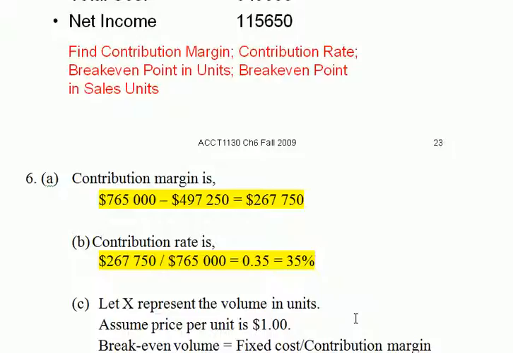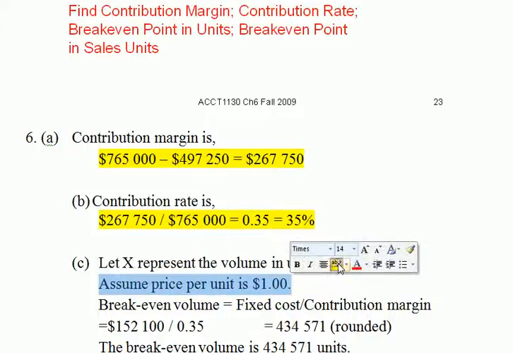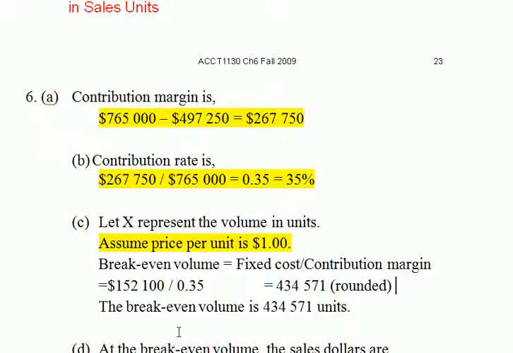Now, we want to find out the break-even point in units. That's the third question, the break-even point in units. One trick for these things is to assume the price is $1. Put the price at $1. So if the price per unit is $1, the whole thing becomes much easier.